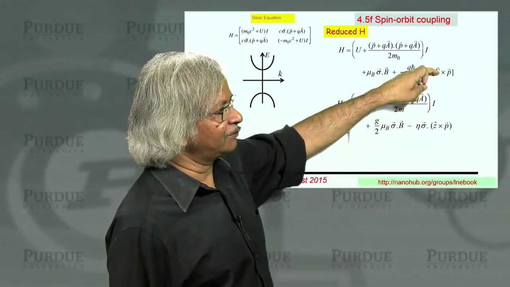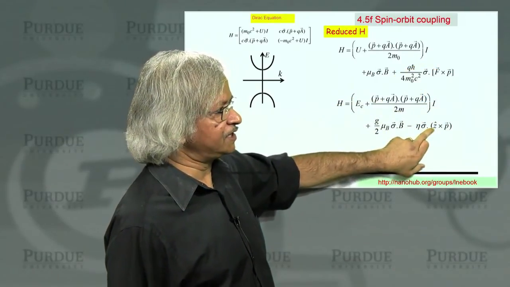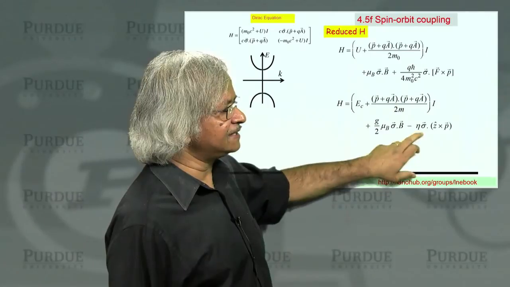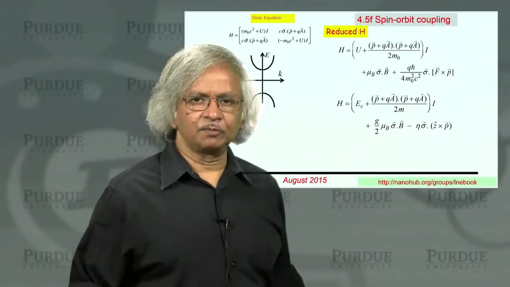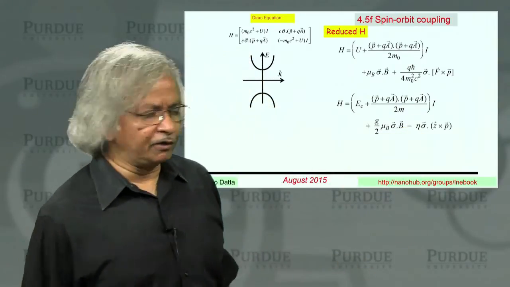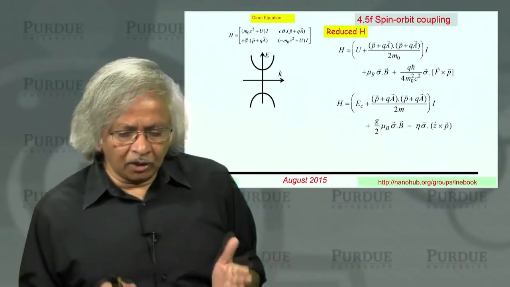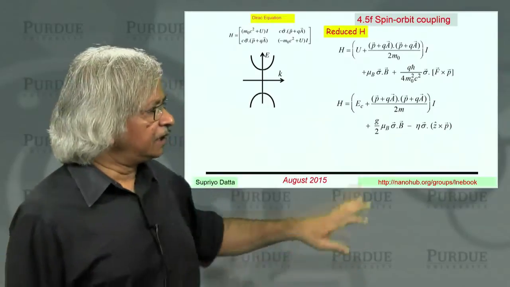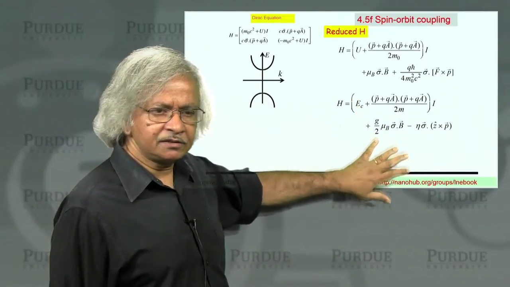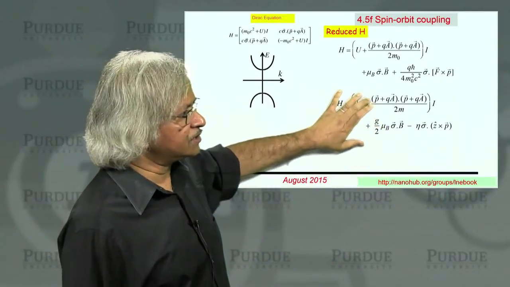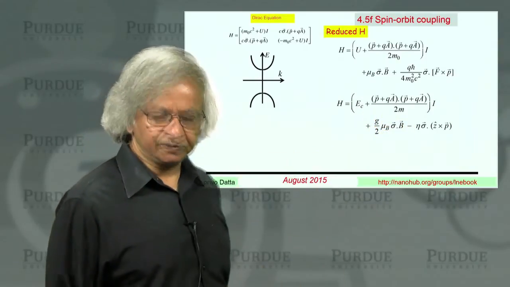If you thought of it that way, you can see why instead of F, you have a z. And it looks similar. And this eta itself is the Rashba coefficient, or the spin orbit coefficient. And as I said, in general, depending on what model you are using for solids, there could be a more complicated description. What we'll talk about in this course is just based on this picture.